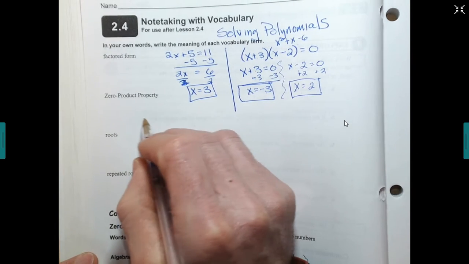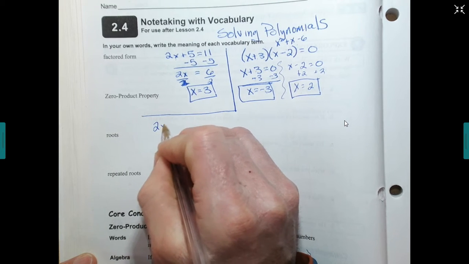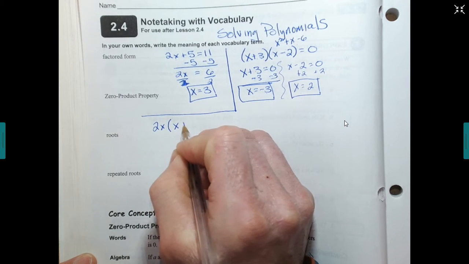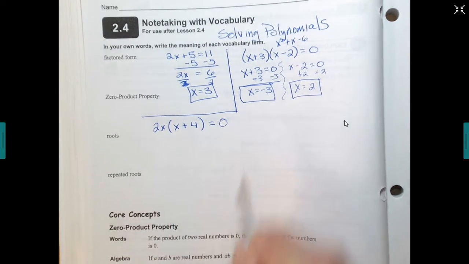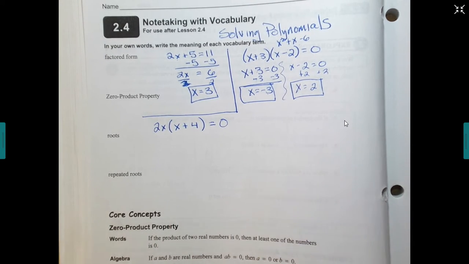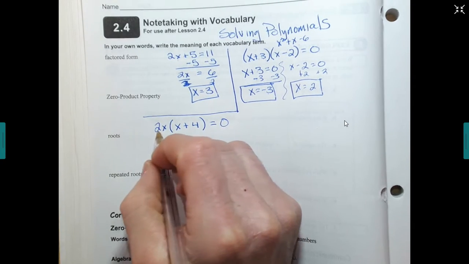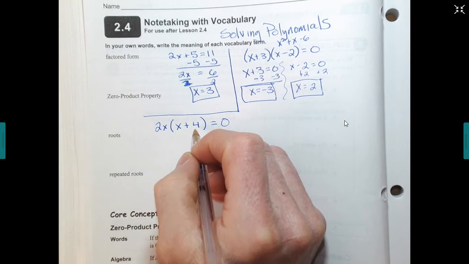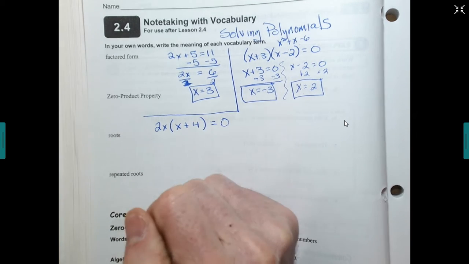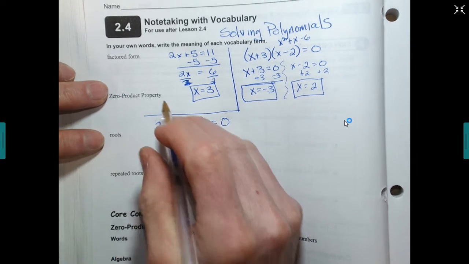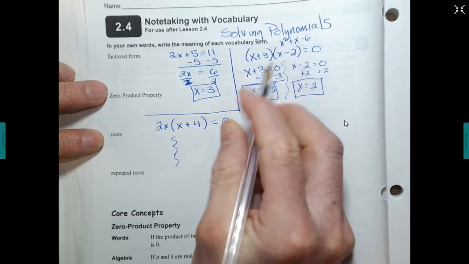Now the last example I want to show you for today is, what if I have 2x times x plus 4 equals 0? How do I solve that problem? Well, if I distributed this x through, what I would have would be 2x squared plus 8x. So x squared, that means I'm going to have two possible answers for this. So I'm going to split this into two equations again, like I did here.